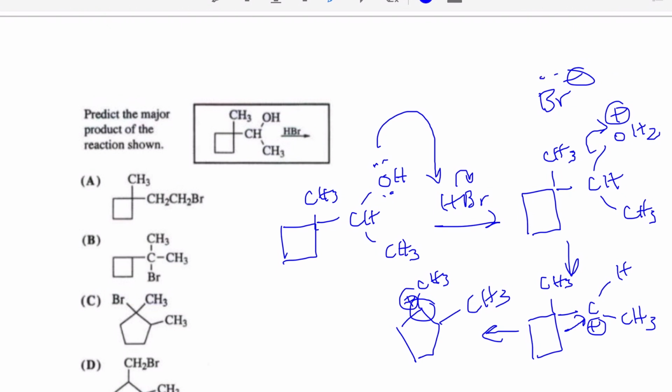So this bromine is negatively charged, and it's looking for a positive charge that it can interact with. And now we have that positive charge in an ideal position. So this negative charge sees this positive charge and it reacts with it. And what we're left with is C as our final answer.